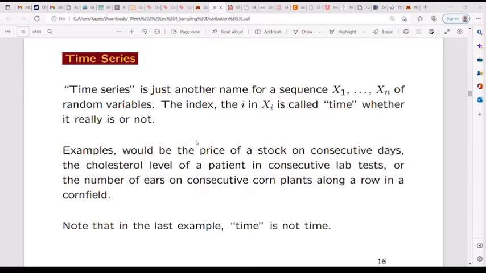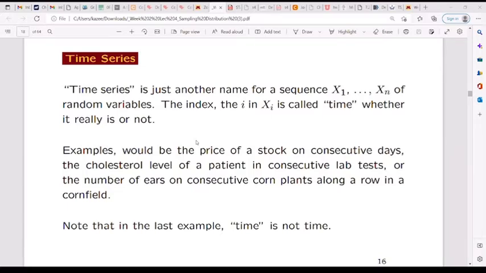Okay, so I want to welcome you to my lecture today, and the topic is time series analysis. What do we mean by time series?